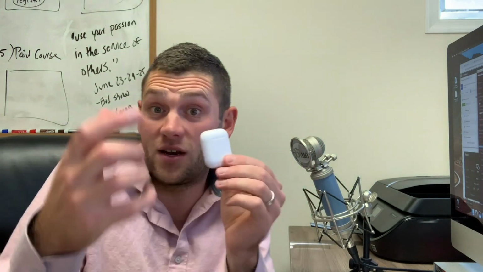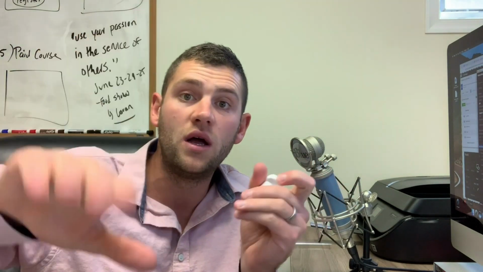So now, every time I go on Facebook, or even in other areas, right? Other web pages and stuff, I'm going to see your ad show up. Why? Because Facebook was able to track that I was interested in these AirPods because I visited your website, and because that pixel was on your website, it fired and attached me to you. So at this point, I'm going to see more ads served up by you.